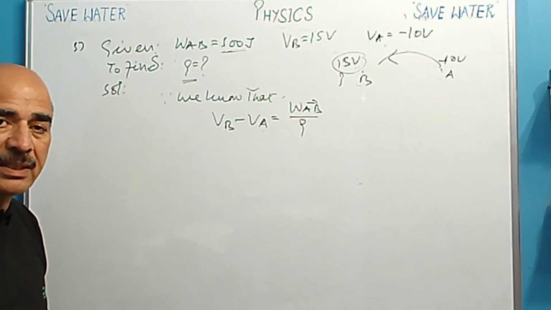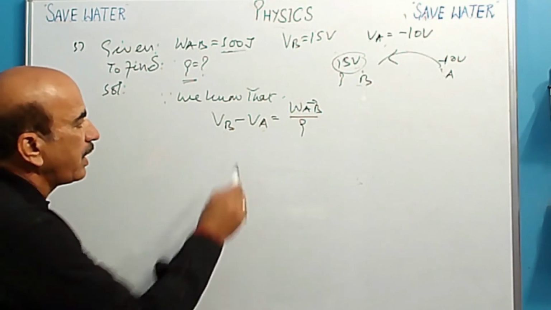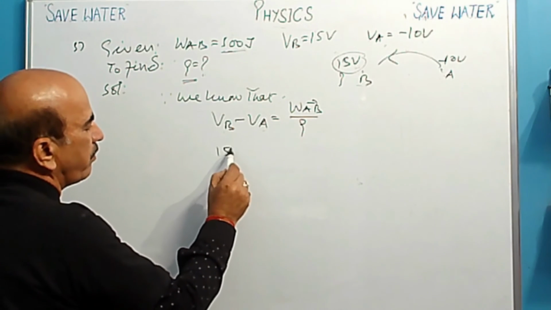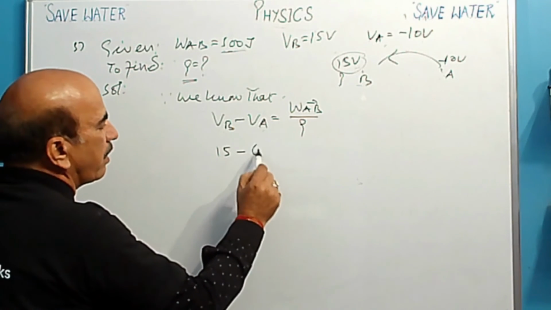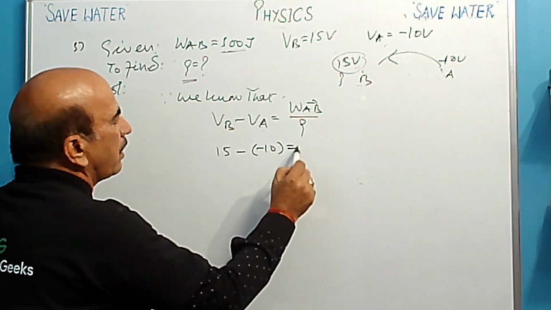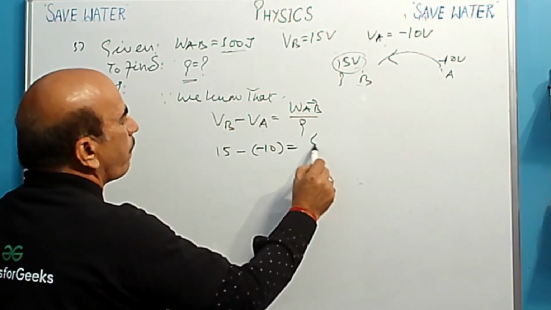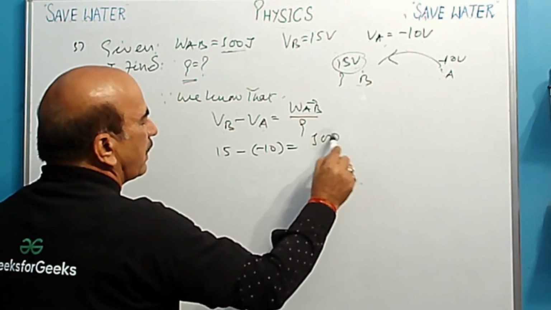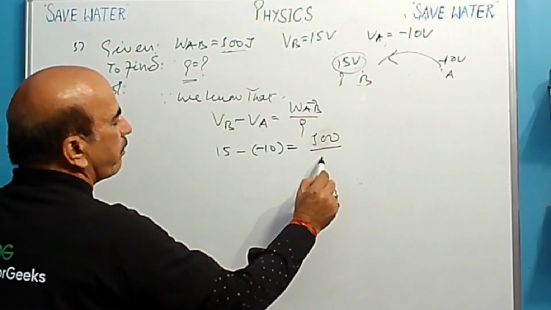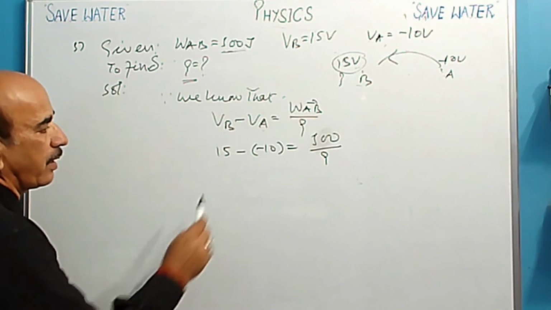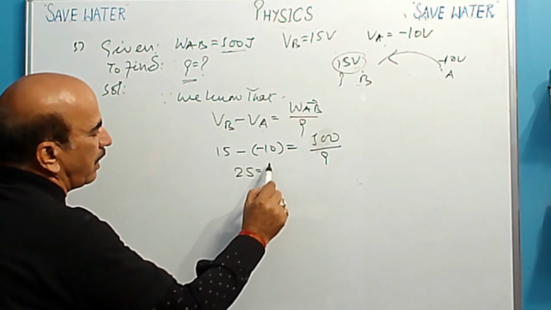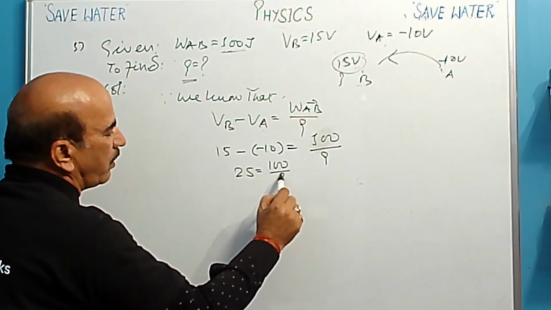So here, using the same formula, VB is 15 minus VA, and W is 100, and Q we have to find out. ठीक है ना? तो 15 minus into minus plus, it will be 25, and here it is 100 upon Q.